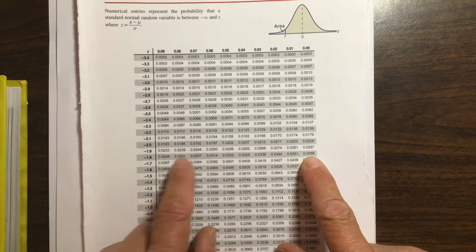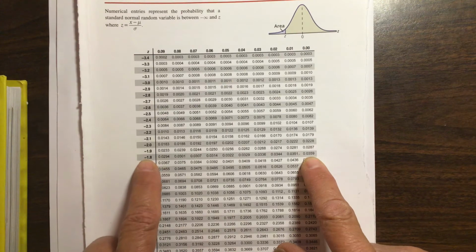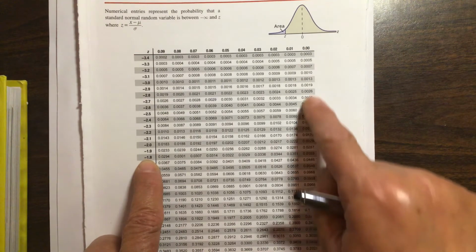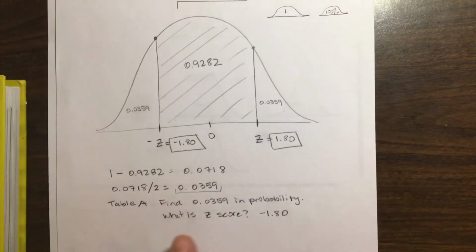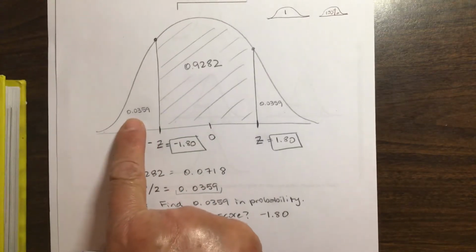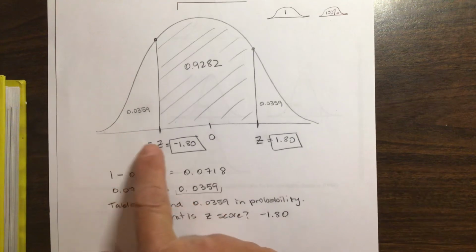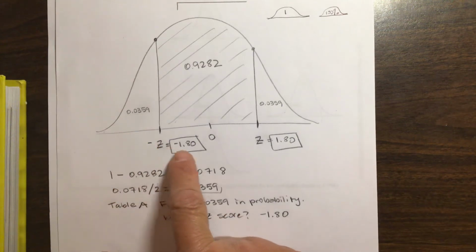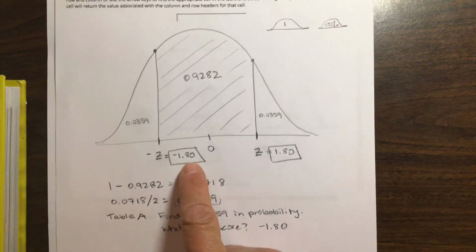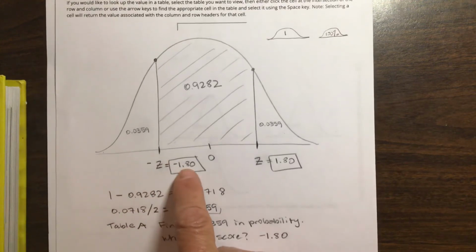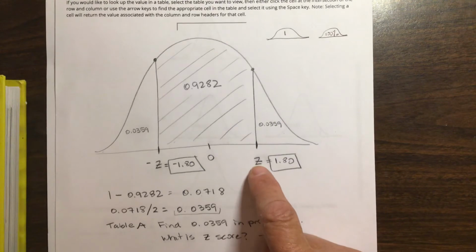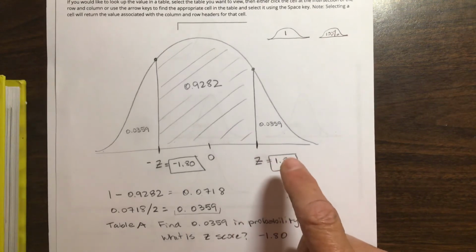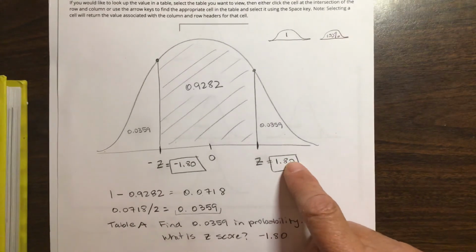So to find its z-score, you go to the left to get negative 1.8, and up is just 0. So for this area under the curve, the z-score is negative 1.80. Once you've calculated that, you don't have to do anything else because your positive z-score is going to be that value, but positive.